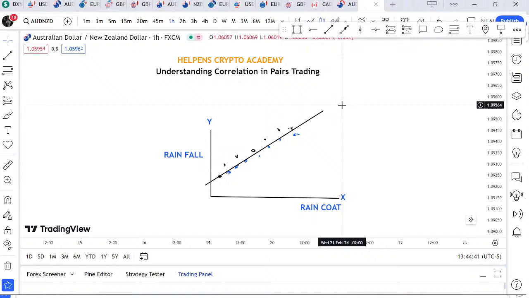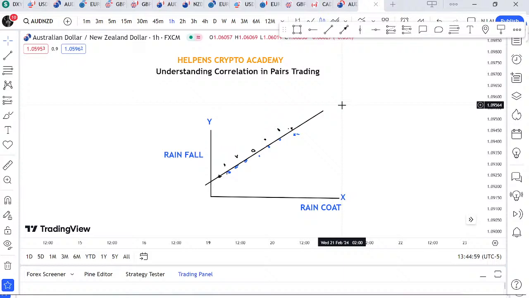We are comparing two things together and looking at how they are correlated, the relationship between these variables. That is correlation. This is the practical example of what correlation is.